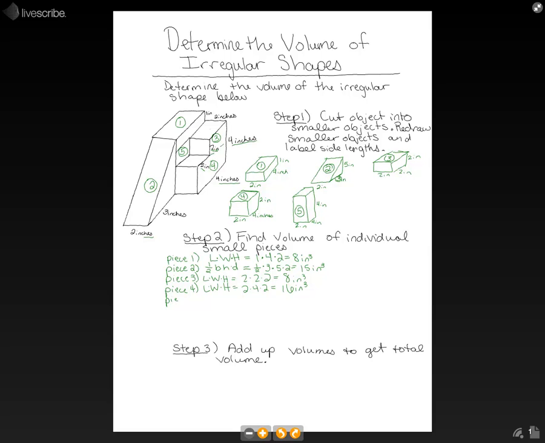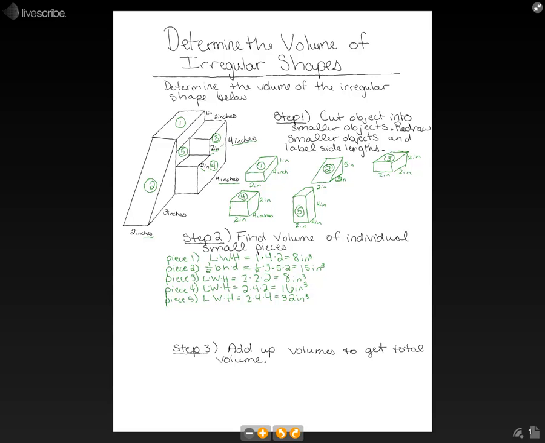And piece 5 is our big portion, and that's another rectangular box. Length times width times height is 2 times 4 times 4, which will give us 32 inches cubed.